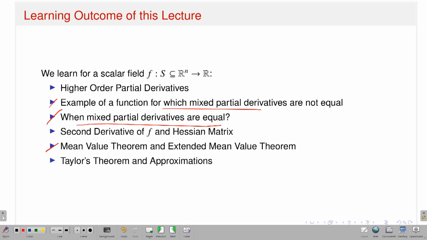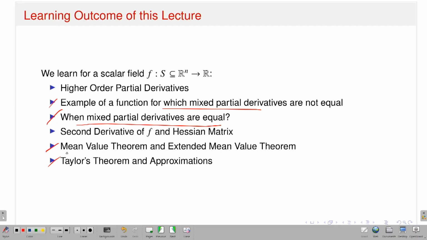Here you will see there is a theorem, but rather you will have mean value inequalities that we will see. I will also talk about the extended mean value theorem. When I talk about that, you will see what I mean by the mean value theorem in this context, along with the extended mean value theorem. And finally, I will talk about Taylor's theorem, like Taylor's theorem you know for real valued functions of a real variable.